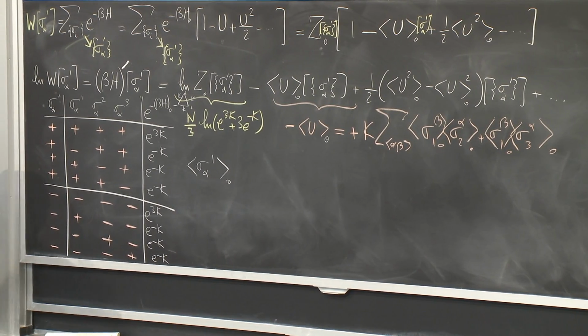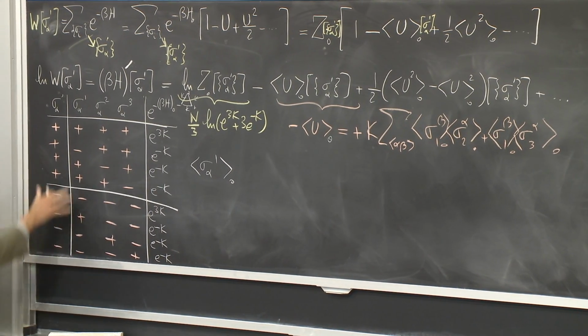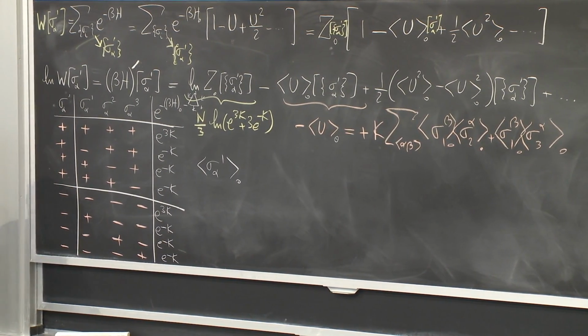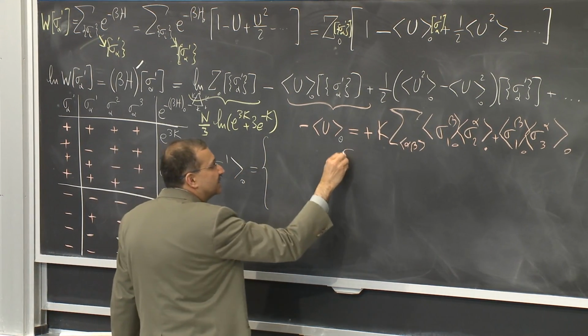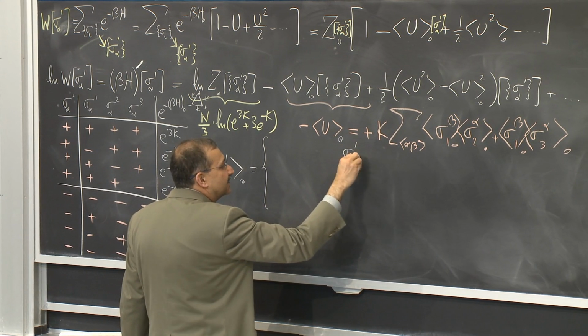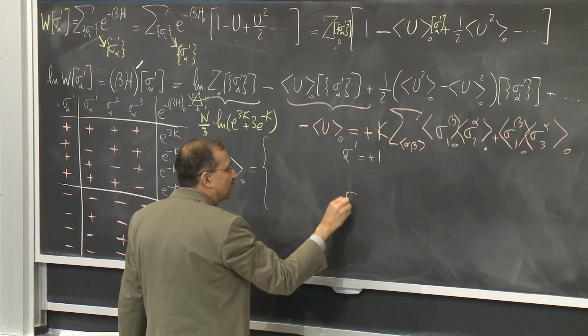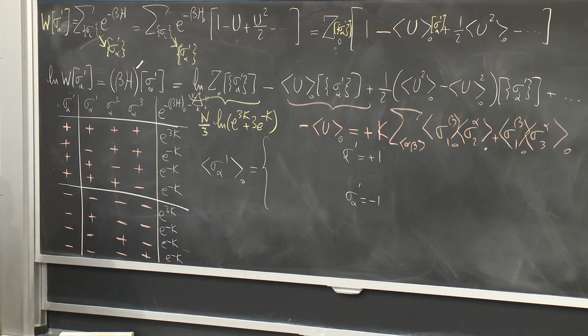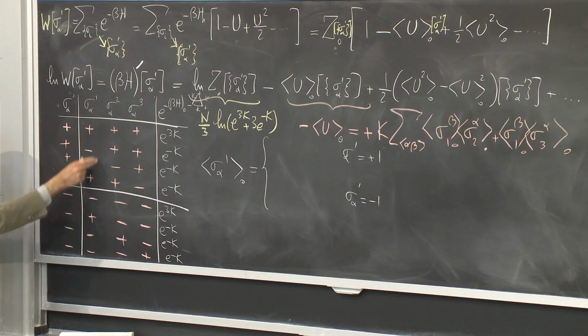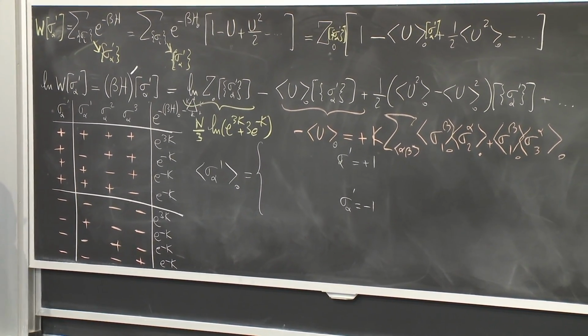Now I can see immediately that I will have two possibilities, the top 4 or the bottom 4. The top 4 corresponds to sigma cell being plus. The bottom 4 correspond to the sigma of cell being minus. Okay. So the top 4 is essentially I have to look at the average on this column.